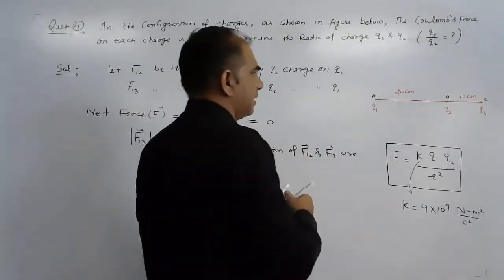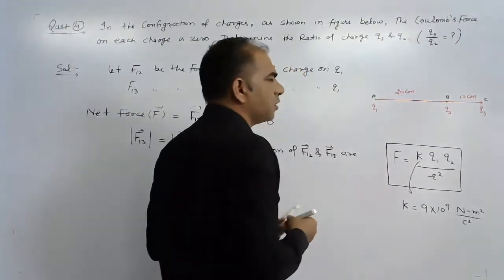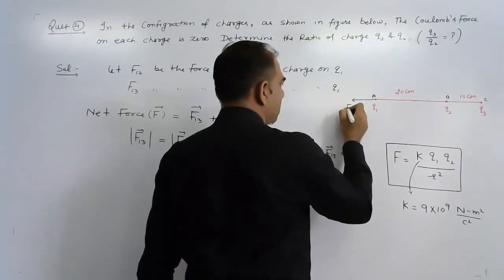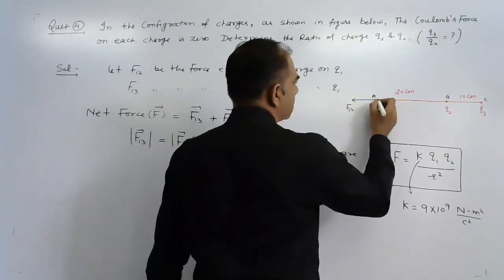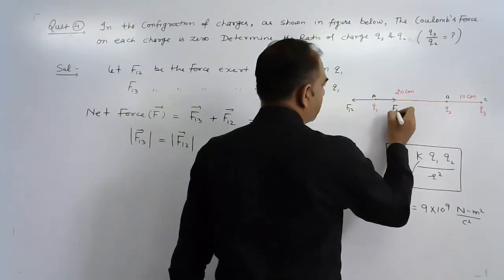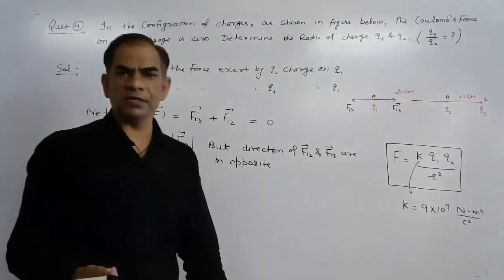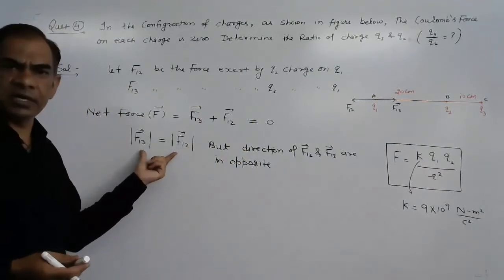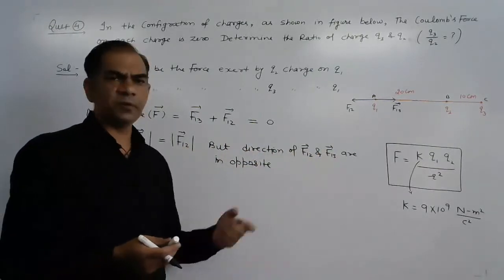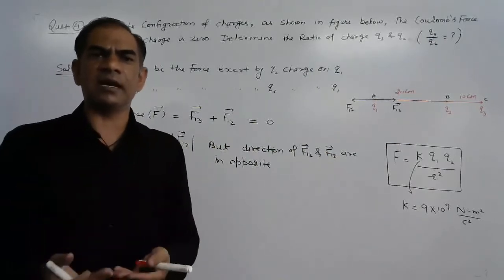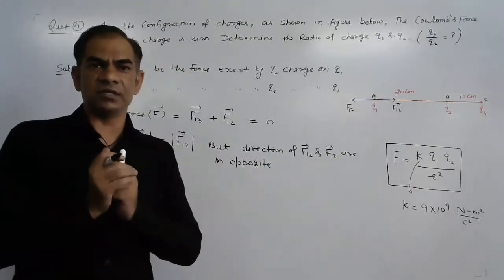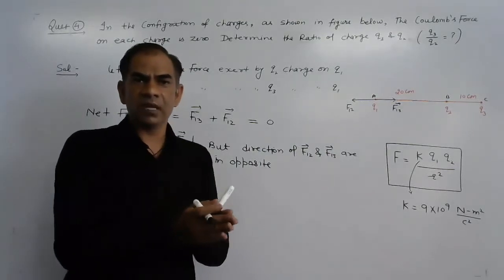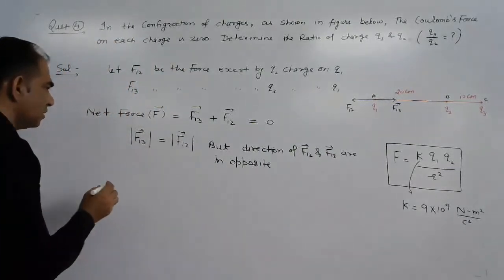This is the condition. Here we understand Q2 exerts force on Q1 in this direction. Let us consider this is F12, then this is the direction of F13. In this way we represent, meaning both have equal magnitude but opposite direction, because if they are in the same direction, then the resultant force can never be 0. So it is a necessary condition that they are equal in magnitude and opposite in direction.